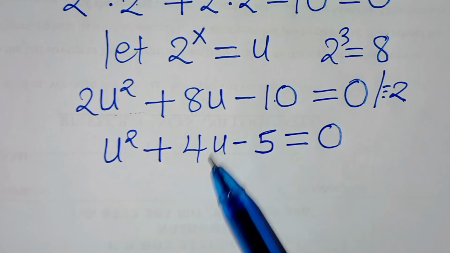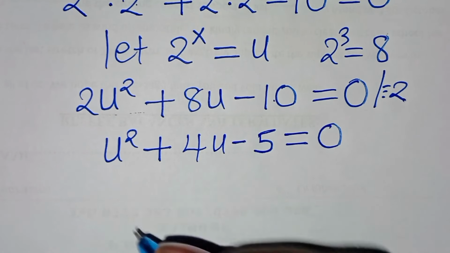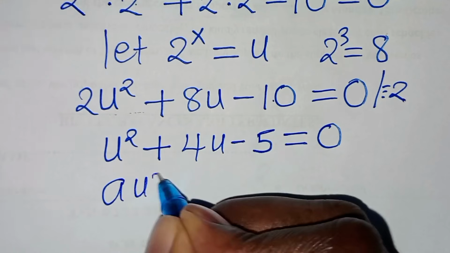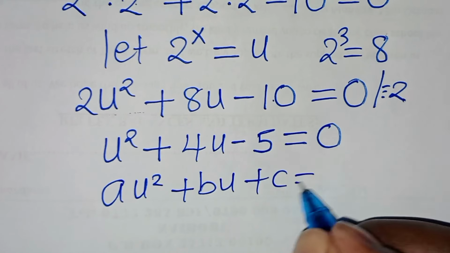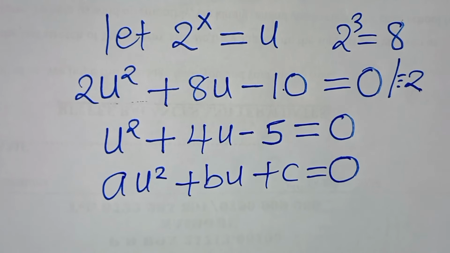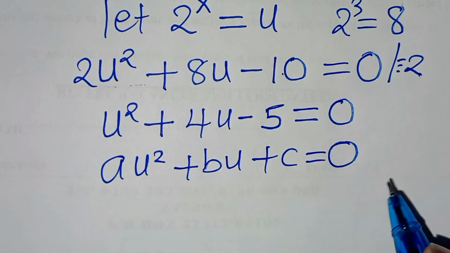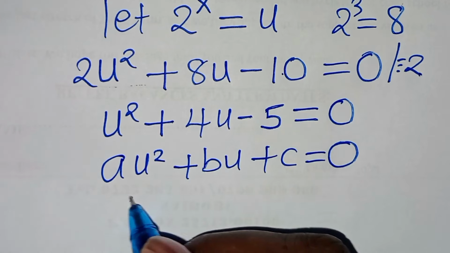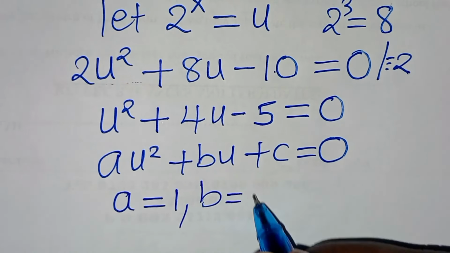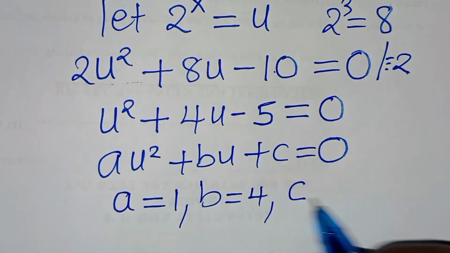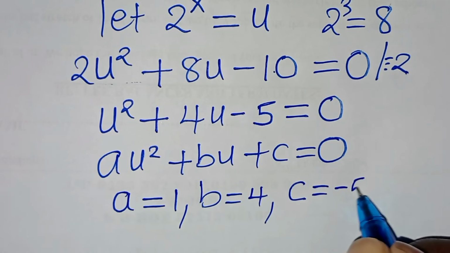Now, this is a quadratic equation of the form au squared plus bu plus c equal to 0. From this quadratic equation, we have that a is equal to 1, b is equal to 4, and c is equal to minus 5.